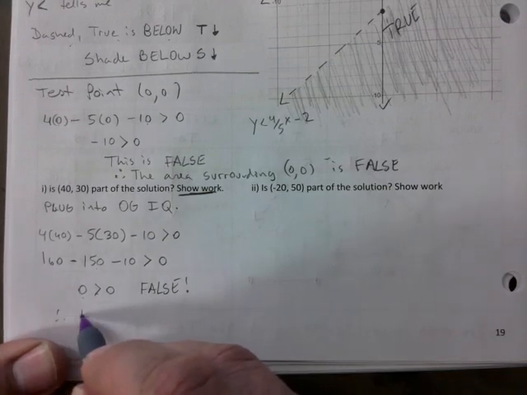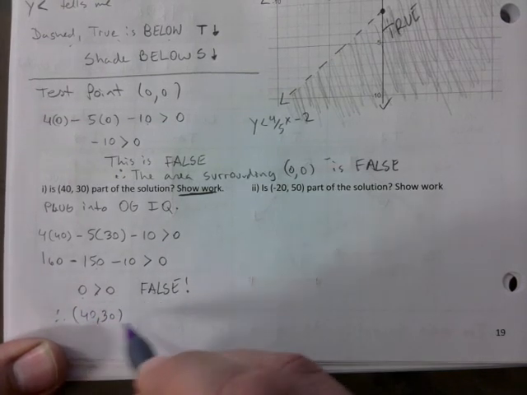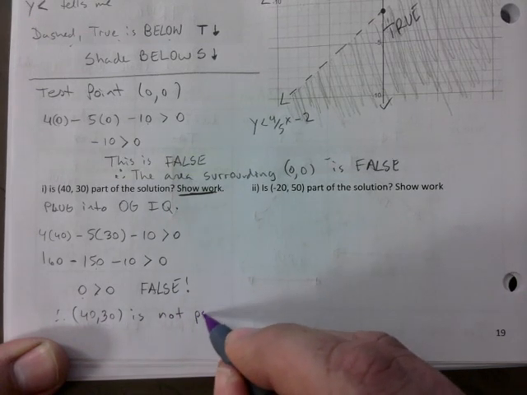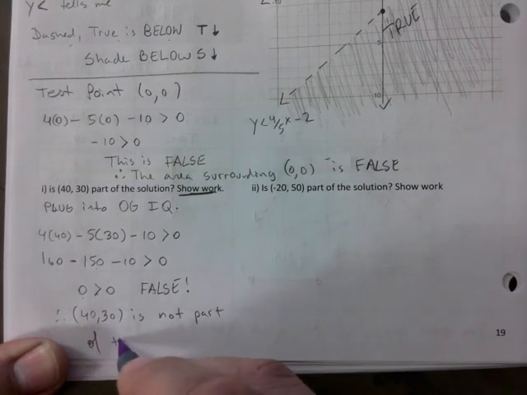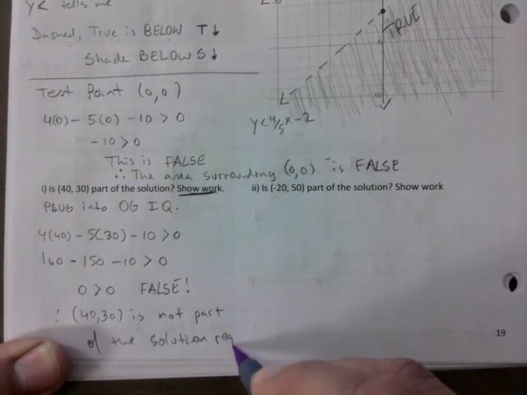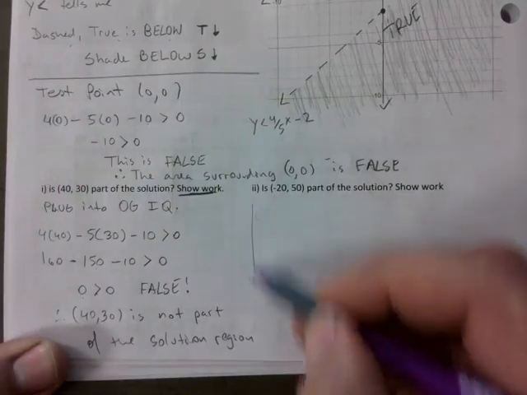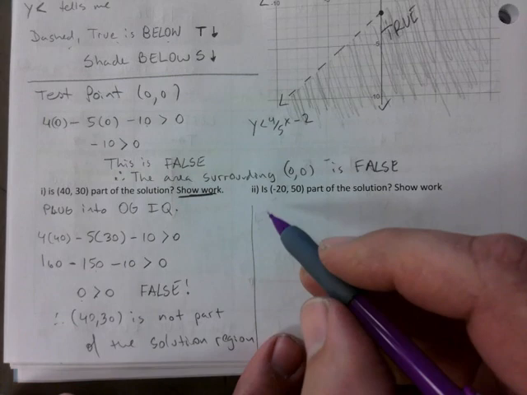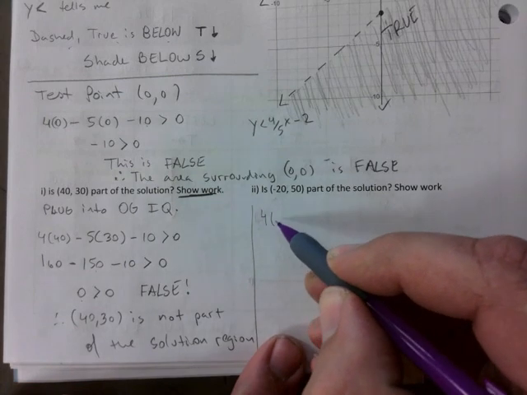Therefore, (40, 30) is not part of the solution. You would do the same thing with the other one. I'll show you here.